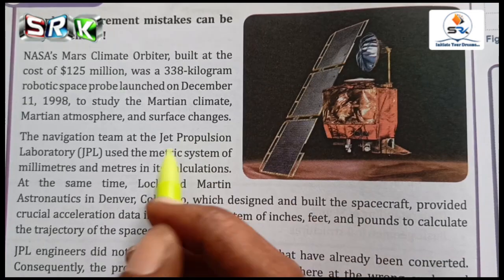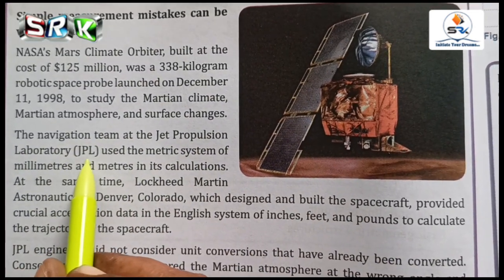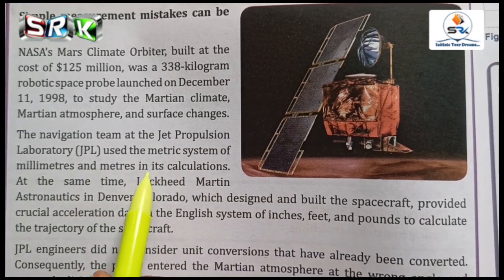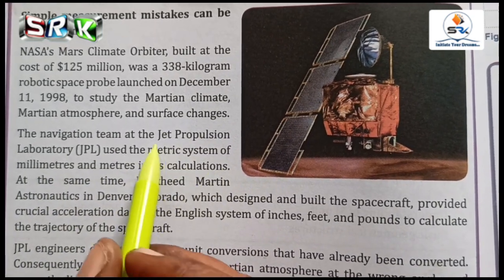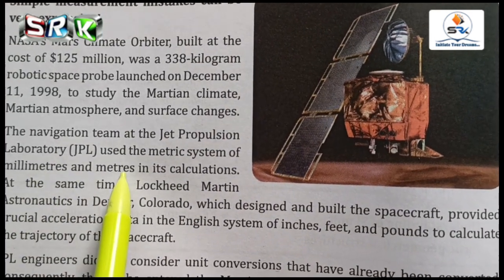So what they did now, the navigation team at the Jet Propulsion Laboratory, in short JPL, used the metric system of millimeters and meters in its calculation. So these scientists used millimeters and meters in its calculation.